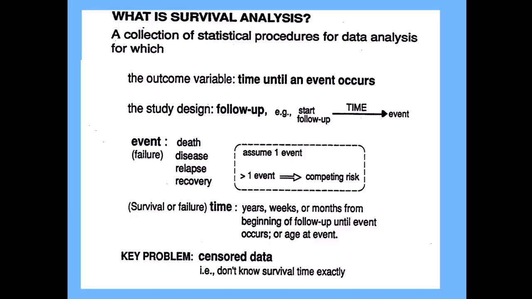Most people say survival time, and when they talk about the event occurring, they say it failed. But it's different strokes for different folks. But now, a key problem, as we already saw from the example, is that you might not know the survival time exactly for everybody.